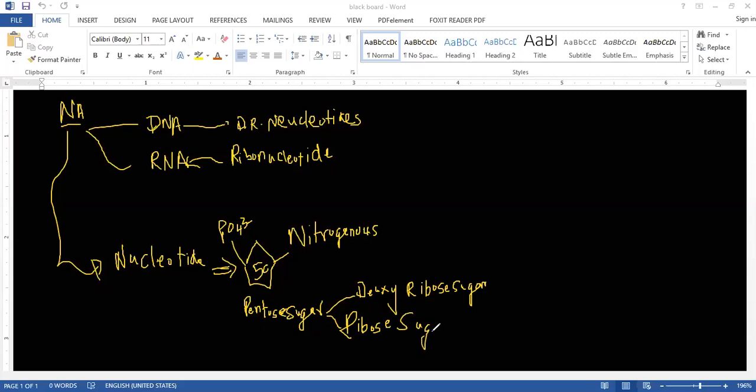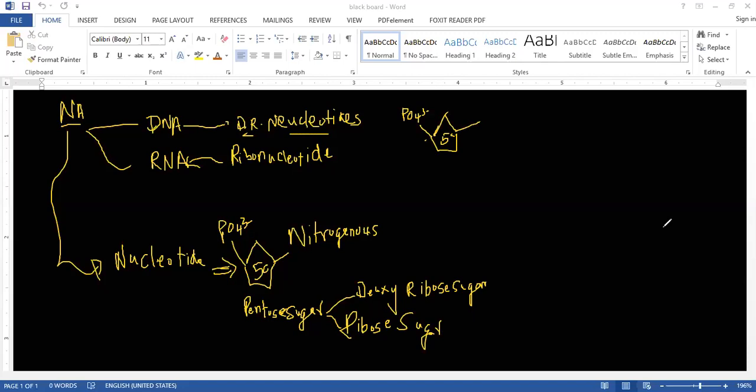The basic structural unit of DNA, the deoxyribonucleotide, would contain the same as a nucleotide: a sugar, a phosphate group, and a nitrogenous base.